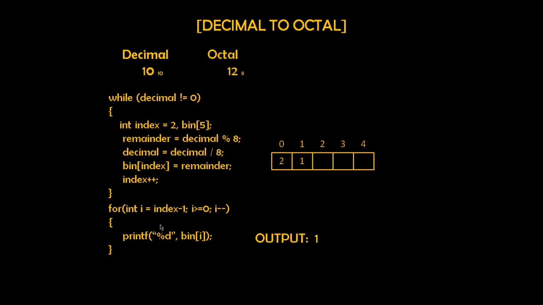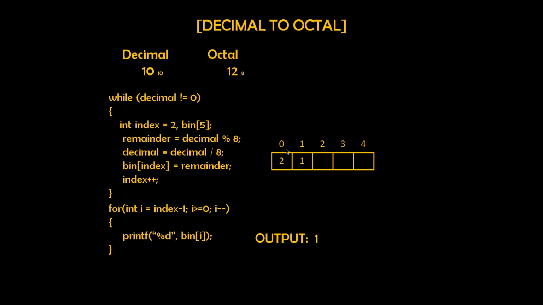Then it loops again, decrementing our i by 1. So 1 minus 1 would be 0. It checks the condition. 0 is equal to 0, then perform again. The value of our i now is equal to 0. We are going to print the element at the value of our index.